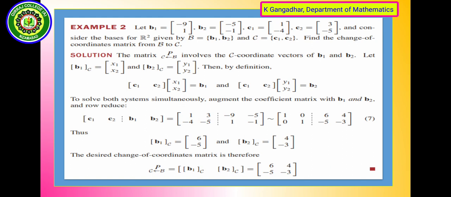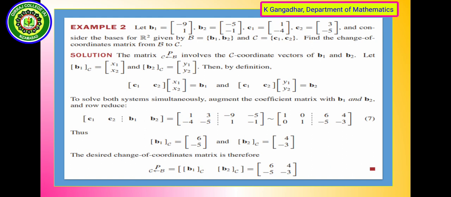Find the change of coordinate matrix from B to C. First we define P from B to C equal to [b1 relative to C, b2 relative to C]. b1 relative to C means b1 is a linear combination of elements of C, and in the same way b2 is also a linear combination of elements of C. So c1, c2 times (x1, x2) equals b1, and c1, c2 times (y1, y2) equals b2.